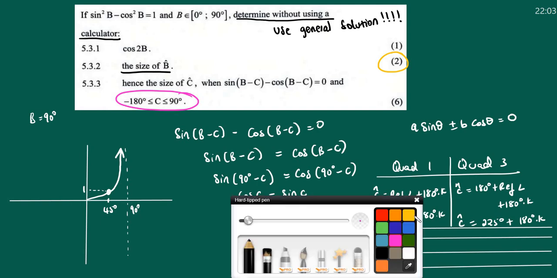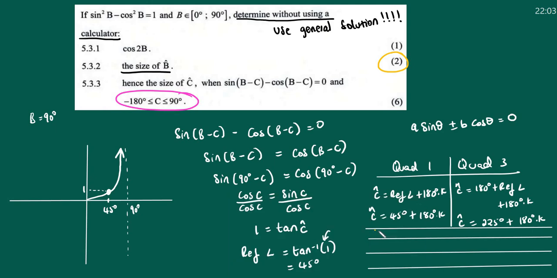So this is what you would write, k, and then you write the first general solution, 45 degrees plus 180 degrees times k. Then you write 225 degrees plus 180 degrees times k. This is the procedure that you apply to questions that are asking you about general solution.